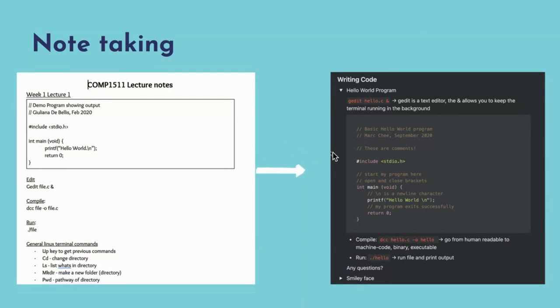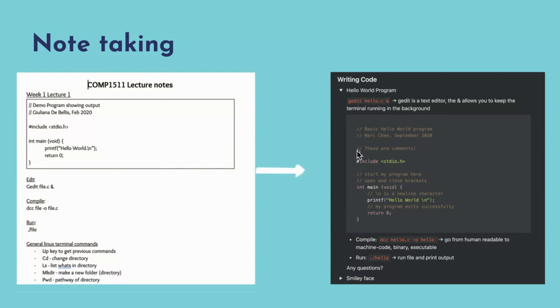What have I transitioned to now? I've transitioned to Notion, or if you're not sure what Notion is, it's kind of just a productivity app that lets you write Markdown, which is a way of formatting your notes that's a bit more customizable and sometimes a little bit more efficient as well. Why did I make this transition over to Notion? Well, as you can see, probably the number one reason for me is these code blocks.